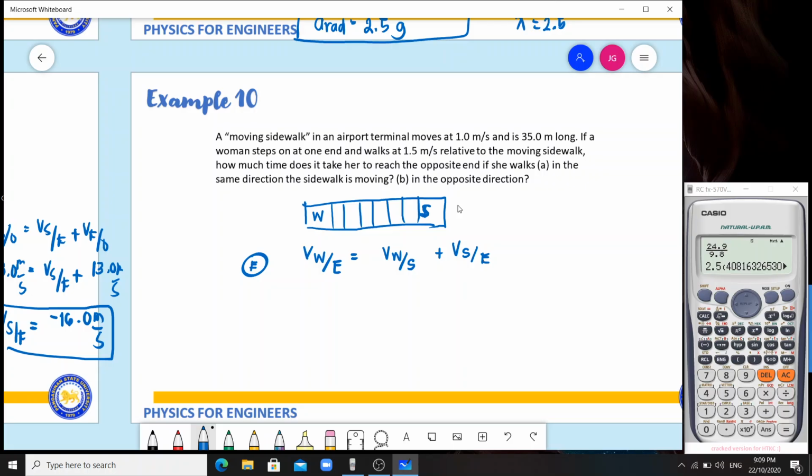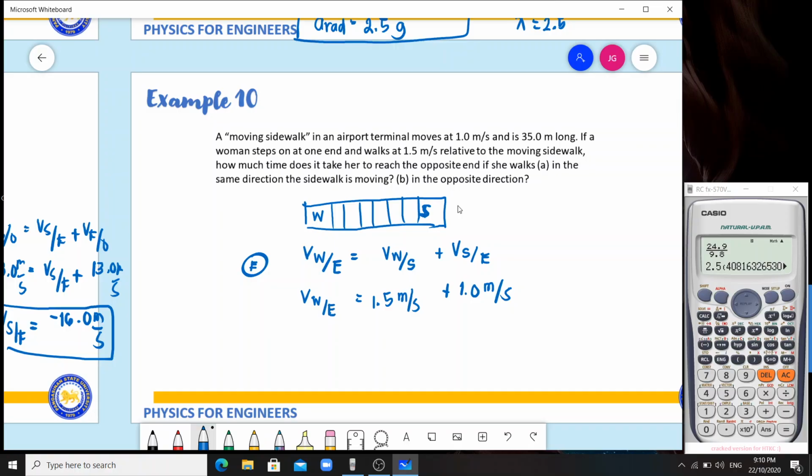Okay? So, sabi dito, the moving sidewalk ay 1 meter per second. Yan, ito yon in terms of the ground. And then, si woman is 1.5 meters per second. Sa letter A, in the same direction, so positive, positive. Ayan. And then, ang hinahanap is the velocity of the woman in terms of the ground.